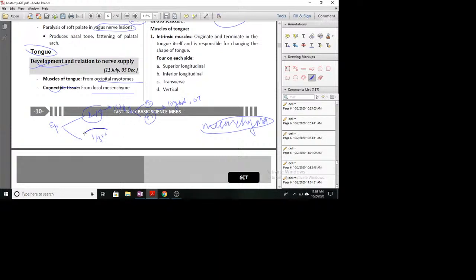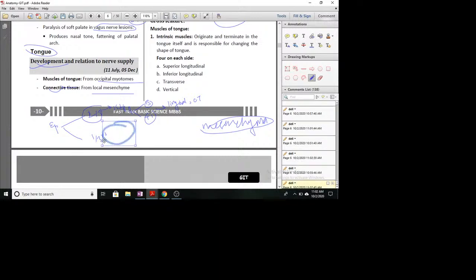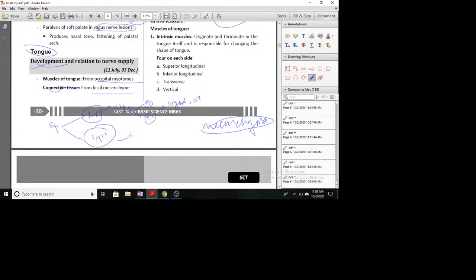The posterior one third is derived from the third brachial arch and from the hypobrachial eminence. So it is supplied by the ninth cranial nerve.